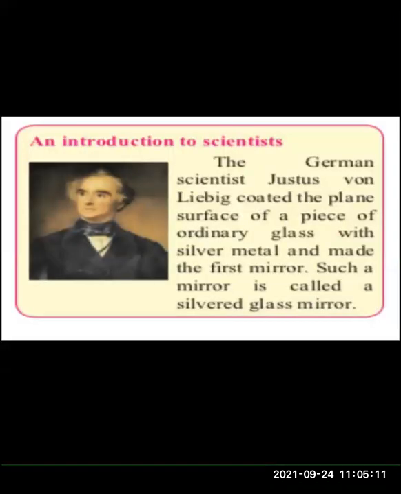Now we will see an introduction of a German scientist and let us see what his contribution was. The German scientist Justus von Liebig coated the plain surface of a piece of ordinary glass with silver metal and made the first mirror.